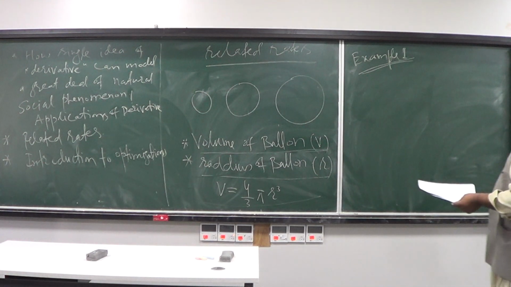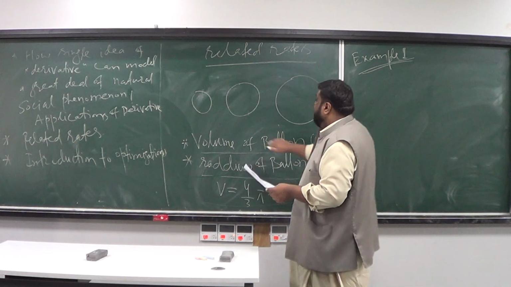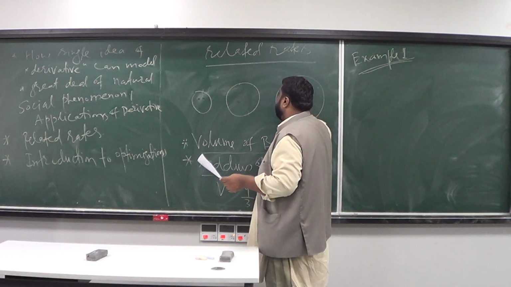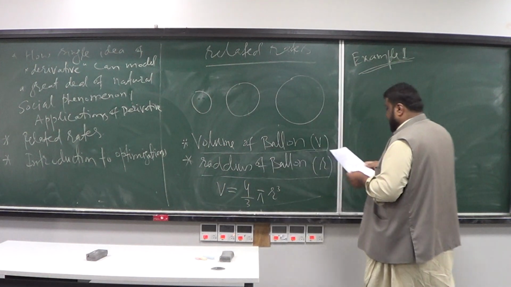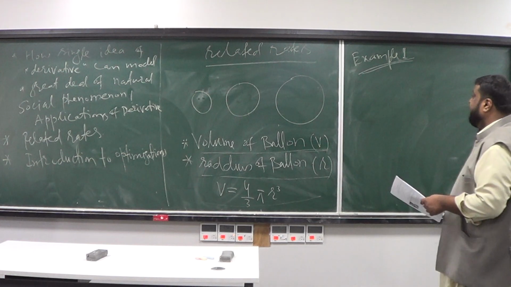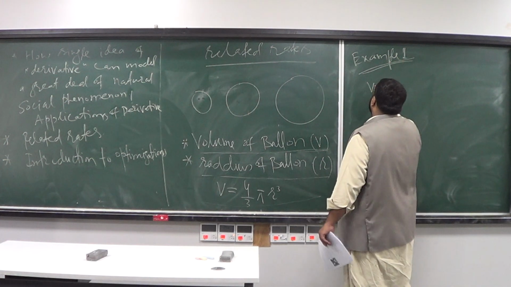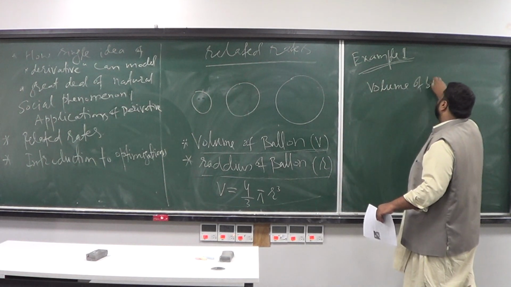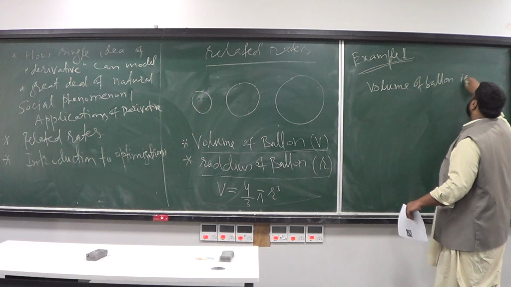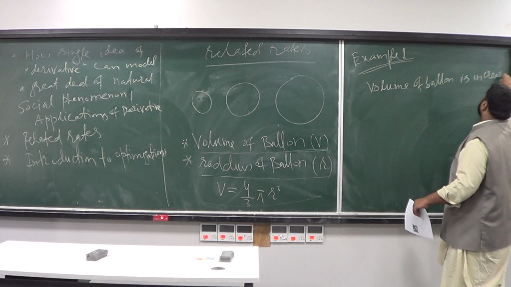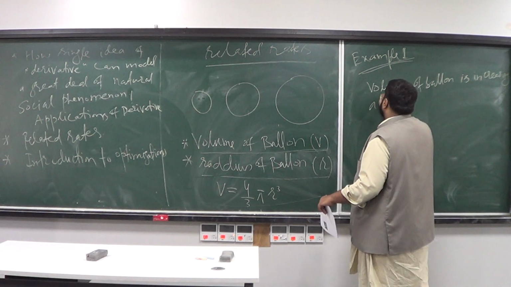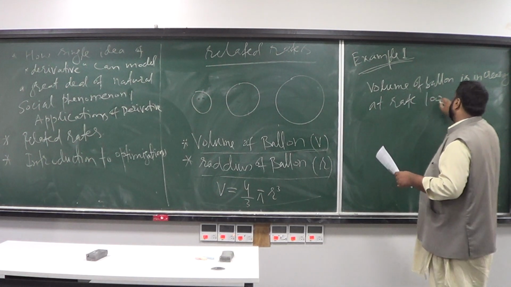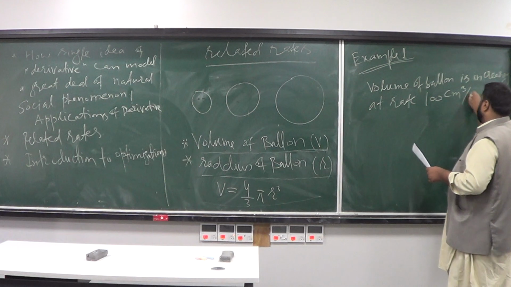So what does this question say? You are pumping air into the balloon and the size of the balloon is getting bigger and bigger. Now what you have been given, so you experimentally observed, say, is that the volume of the balloon is increasing at a rate of 100 cubic centimeters per second.